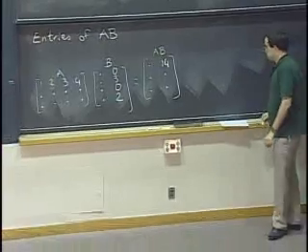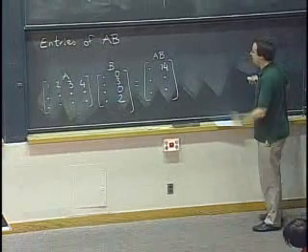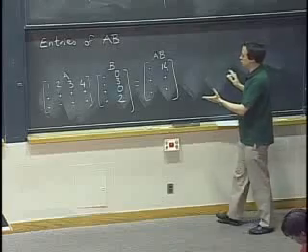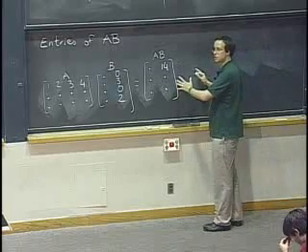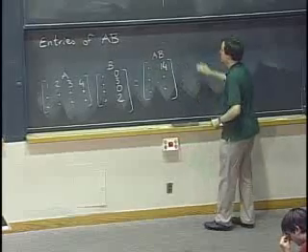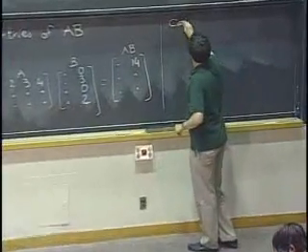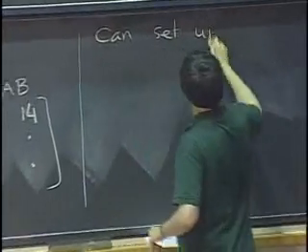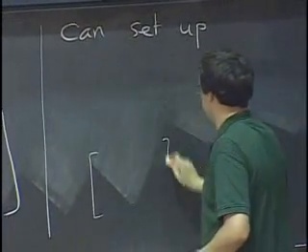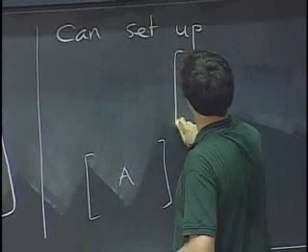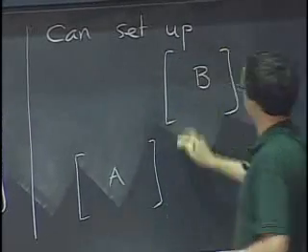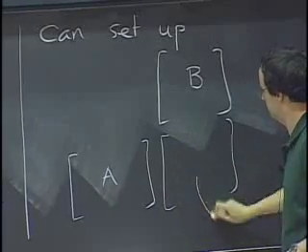Okay? So, in fact, let me tell you about another way to set it up so that you remember more easily what goes where. So one way that you can set it up is you can put A here, you can put B up here, and then you will get the answer here.